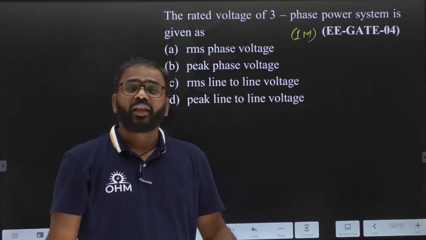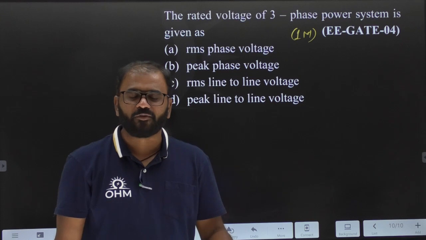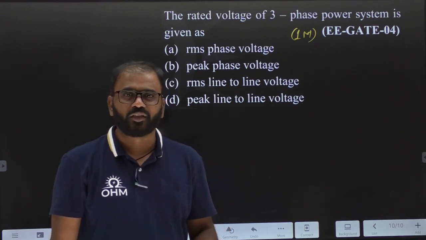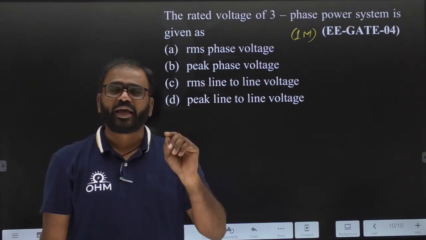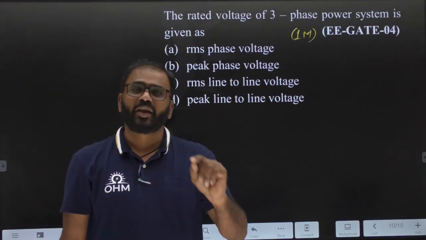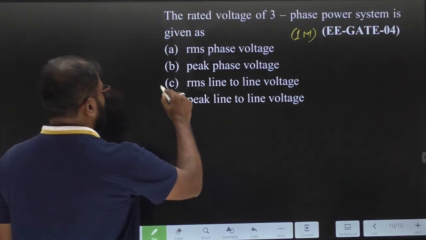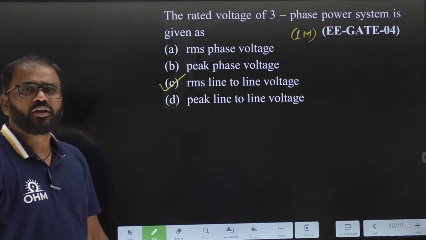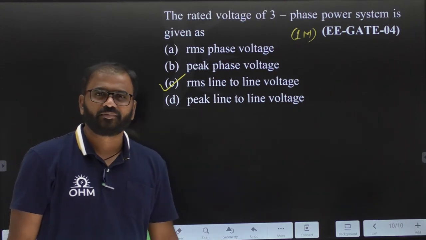Yes, it is always line voltage. It's not mentioned whether it is line voltage or phase voltage, but by default it is line voltage only. That means the rated voltage of the power system is always line to line voltage, that too RMS voltage. So the answer for this question is RMS line to line voltage. It's a fundamental question. Now we'll move on to the next question.